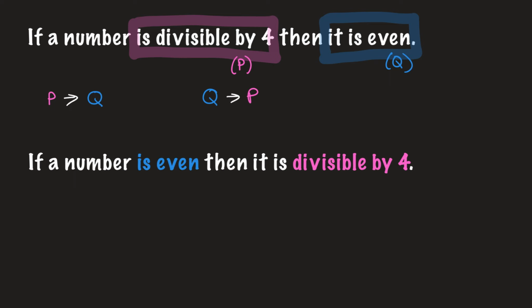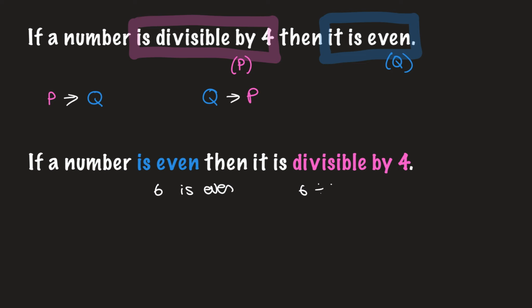And now we're going to think of an example where this is not necessarily true. So can we think of any numbers that are even, which are not divisible by 4? So I would go for 2 as an example, or 6. Let's write down 6. Is 6 even? Yes, it is. Is it divisible by 4?